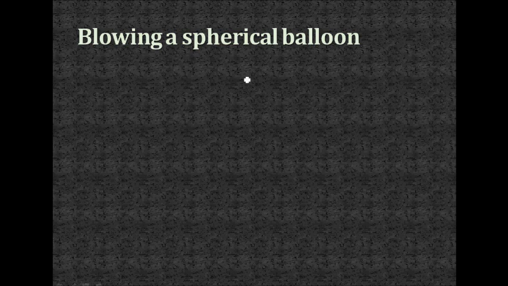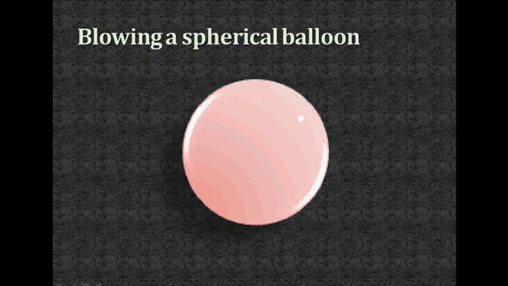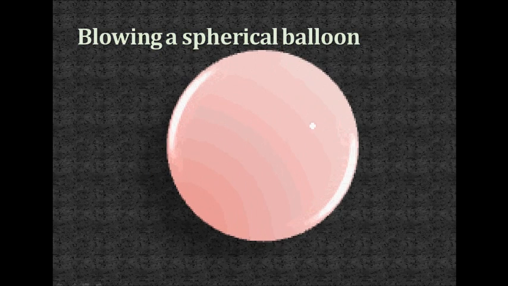Next, the next concept that we were discussing is blowing a spherical balloon. Now let's see, this is a balloon and it's increasing in size as you blow air into it. So first consider what components are changing inside this balloon as it gets bigger and bigger. Obviously it's the radius, right?